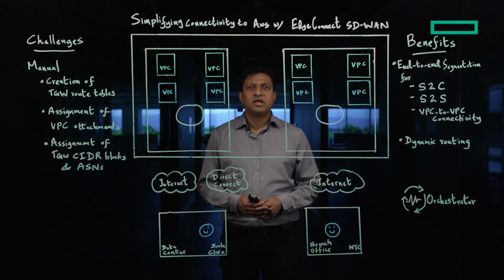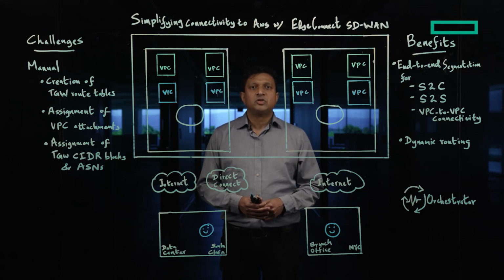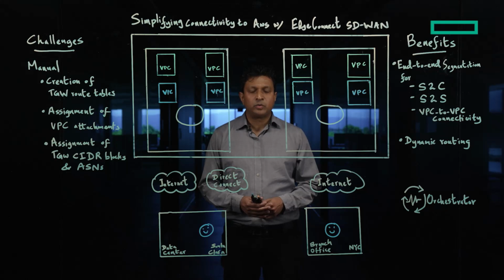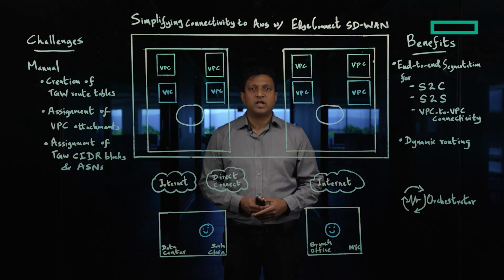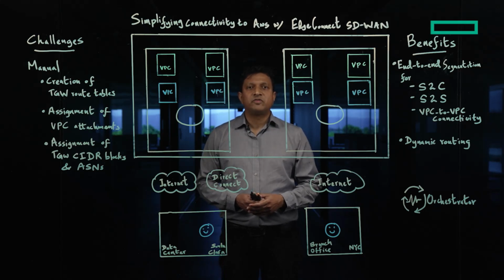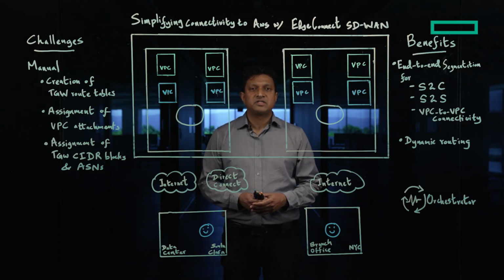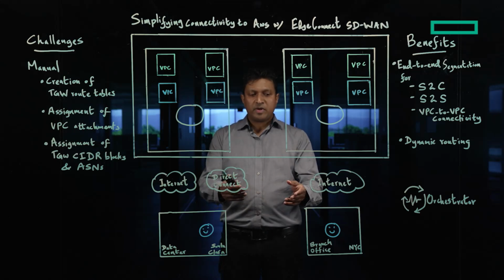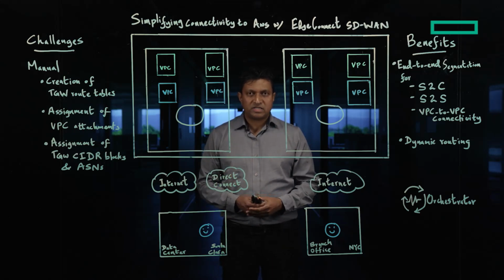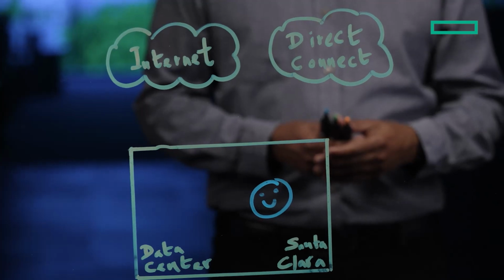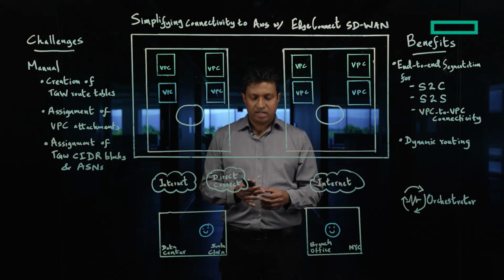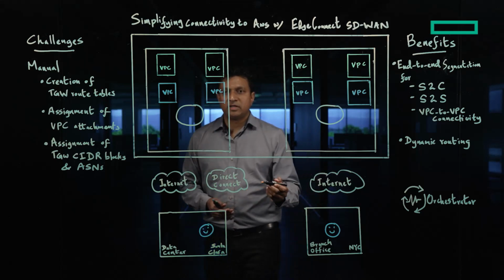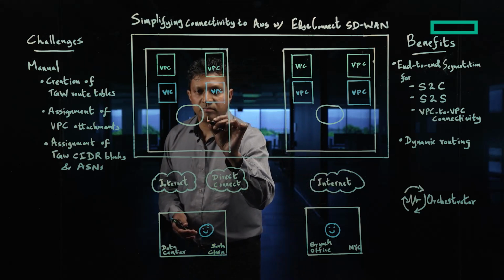In this video, let's talk about our integration with AWS Cloud WAN to simplify connectivity between your on-prem networks and cloud-based virtual private clouds. Let's talk about a few challenges that enterprises face when trying to connect on-prem networks with AWS. Today, we see that many enterprises use the AWS Transit Gateway to simplify connectivity within a cloud region.